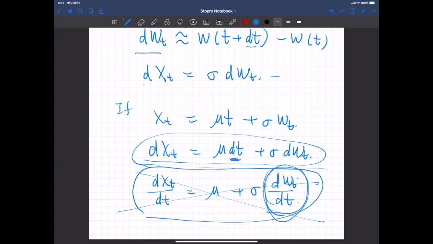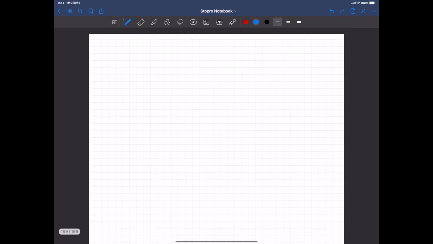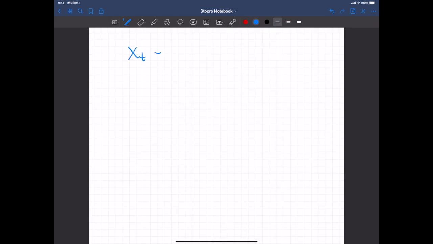So far, these stochastic differential equations look so trivial. That's partly because everything is linear. This is linear in time t, and this is linear in the Wiener process. So this is just a linear equation. But what if we have some more complicated form of the function, like a function of two variables?